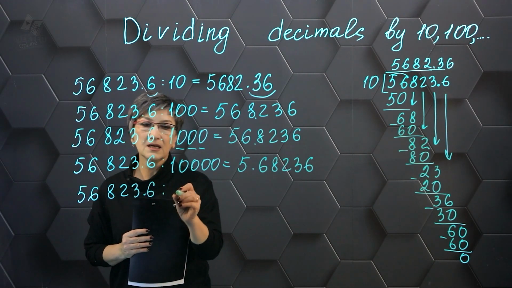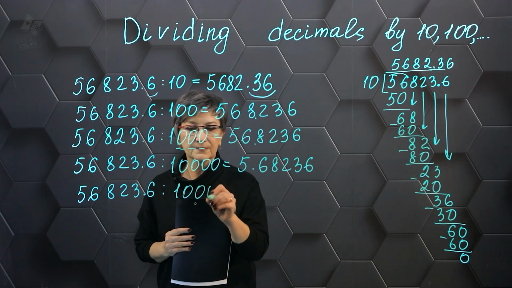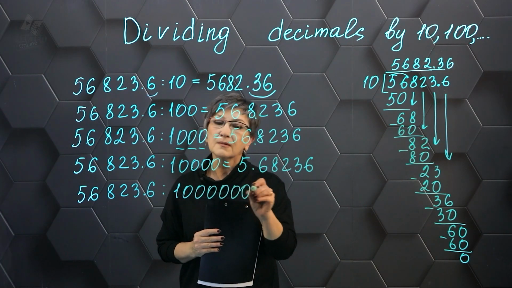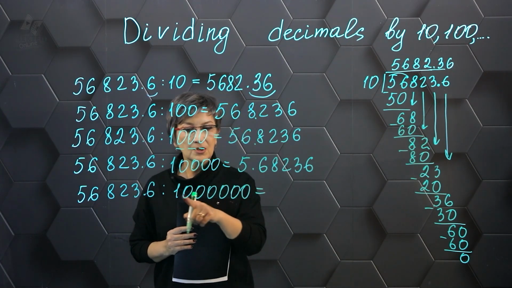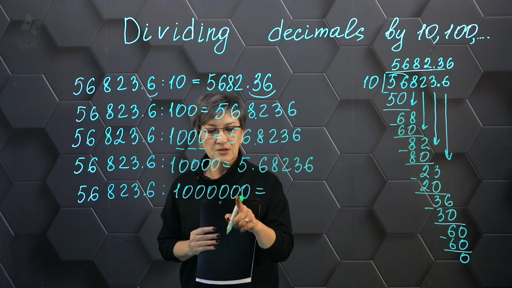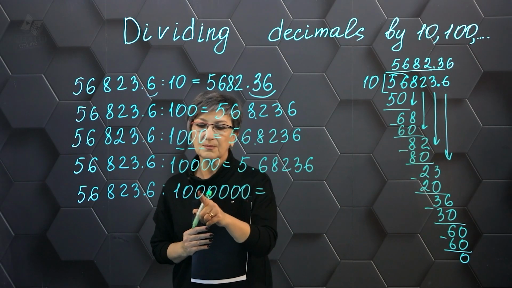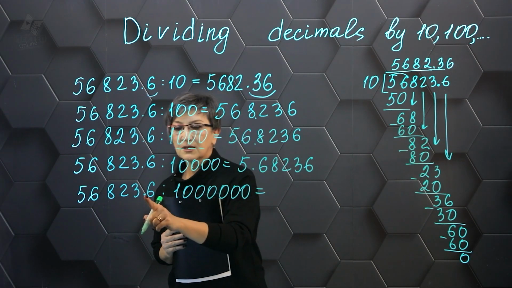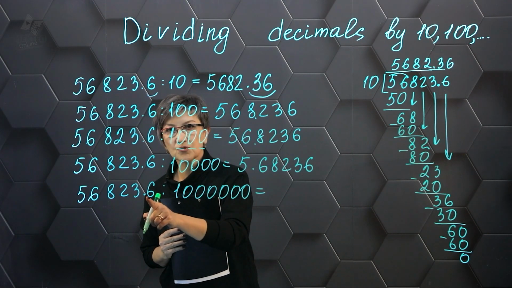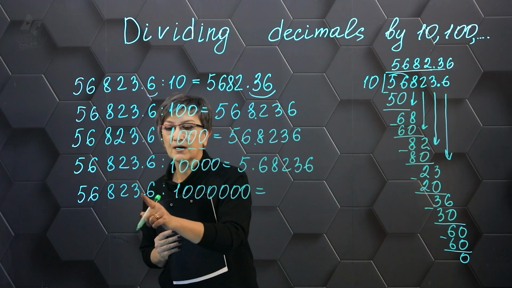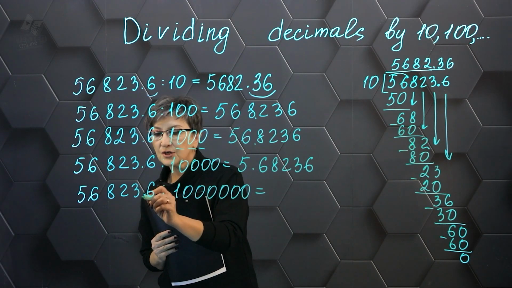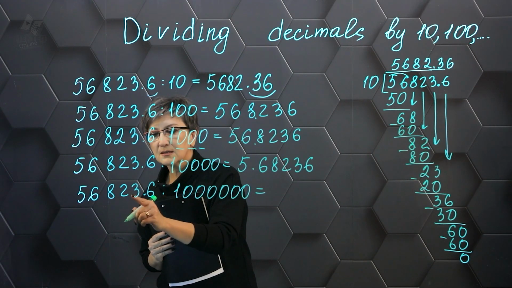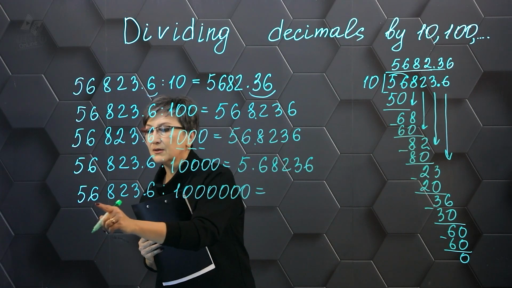Now let's look at another example with the same digits. 56,823.6 I will want to divide by 1 million. Note that there are 6 zeros in our divisor. 1, 2, 3, 4, 5, 6. So I'm moving our decimal point 6 digits to the left. And then we do the math. 1, 2, 3, 4, 5.